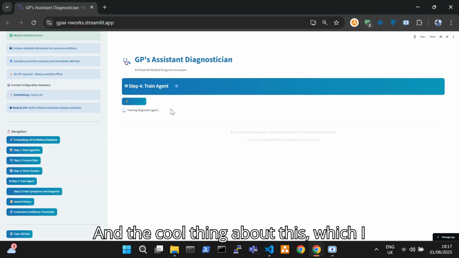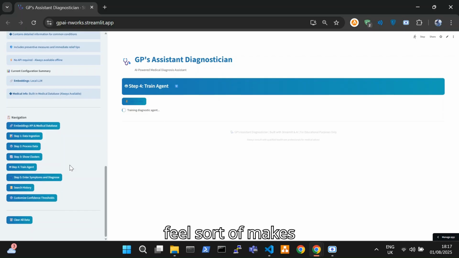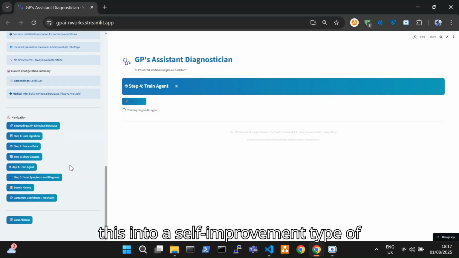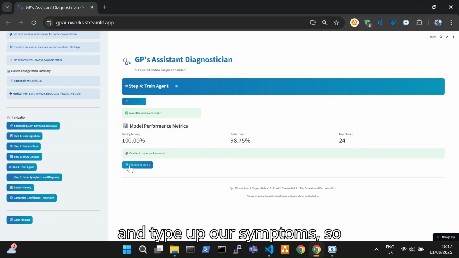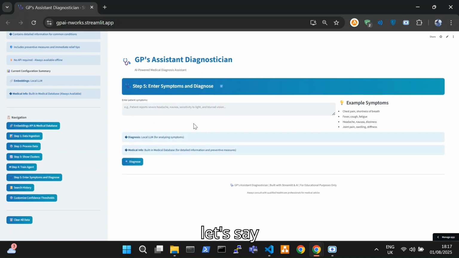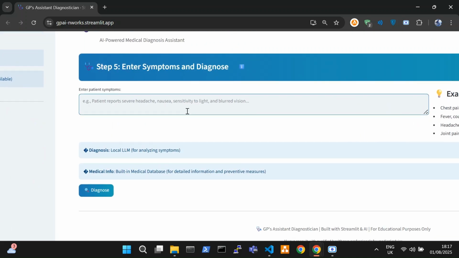And the cool thing about this, which I feel makes it a self-improvement type of system, is that it stores a user's history. So if we type up our symptoms, let's say severe headaches with photophobia and a rash on my skin.